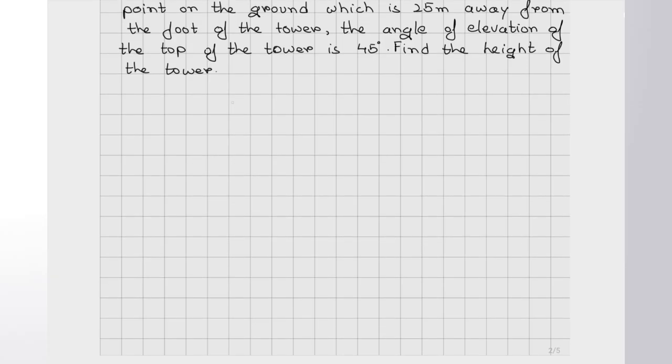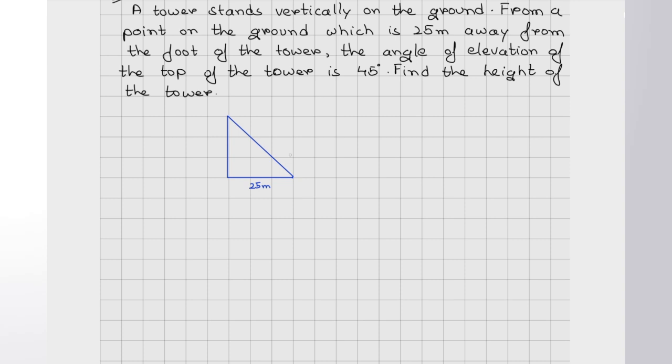So first of all, let's draw the diagram. So this is the tower, a point 25 meter away, and the angle of elevation is 45 degree. We need to find the height of the tower.